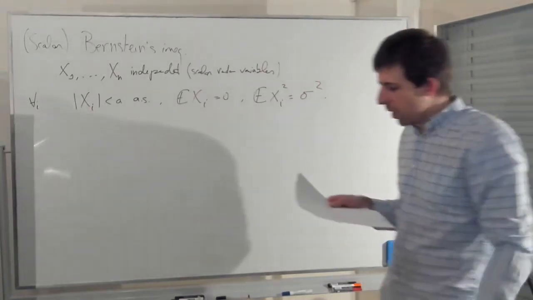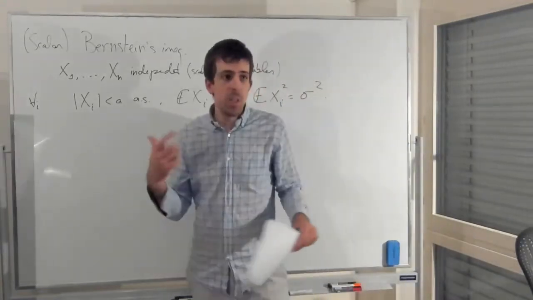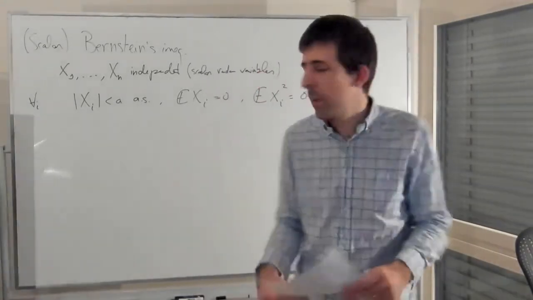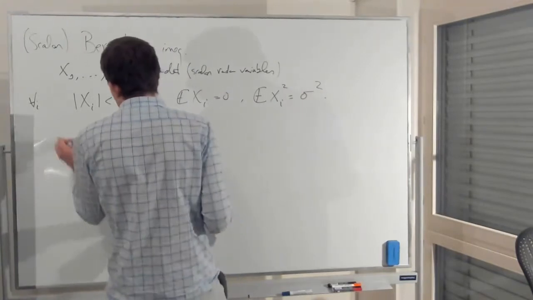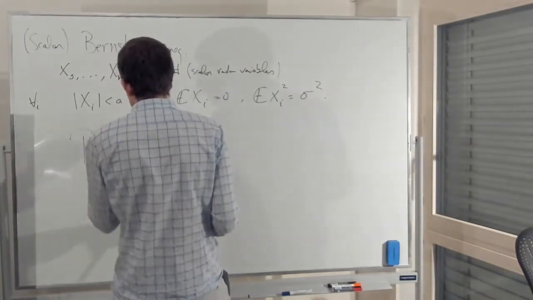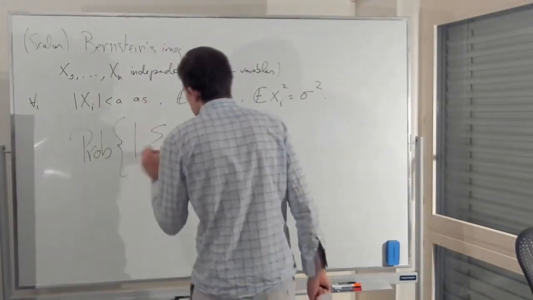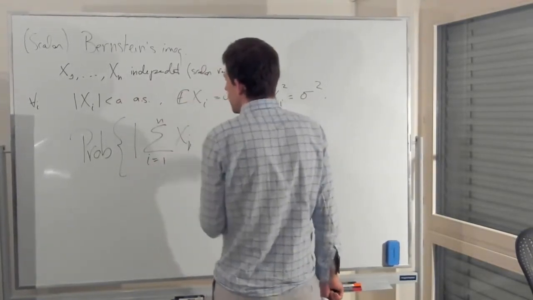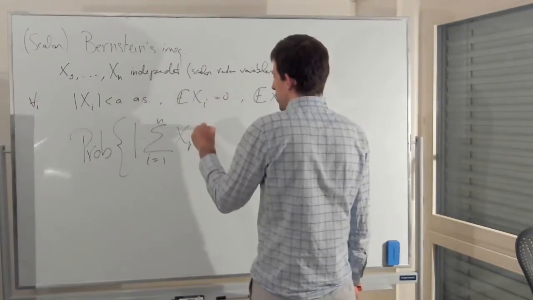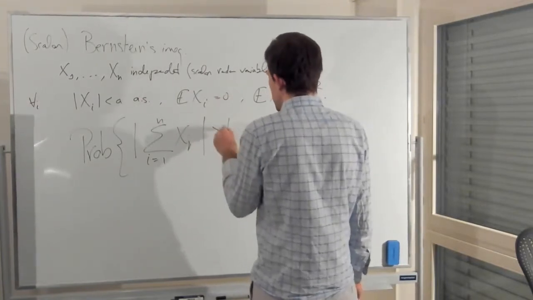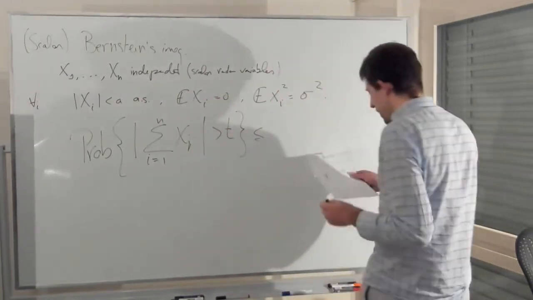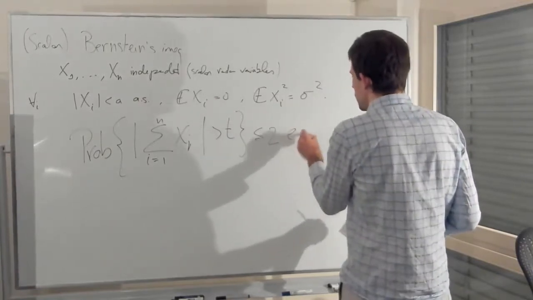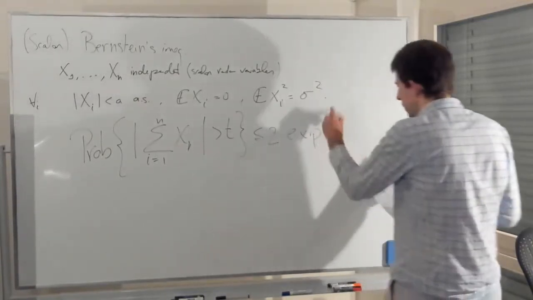Then the inequality controls the deviations or the tails of the sum of these random variables. So it controls the probability that the absolute value of the sum of the xi, i from 1 to n, is bigger than some t, and it is smaller or equal than 2 times the exponential of minus t squared over 2n sigma squared plus 2/3 a t.